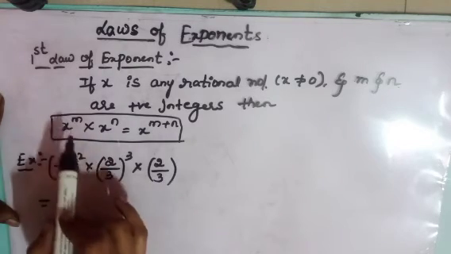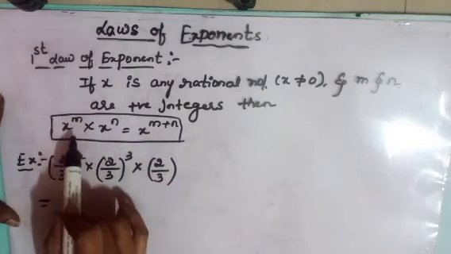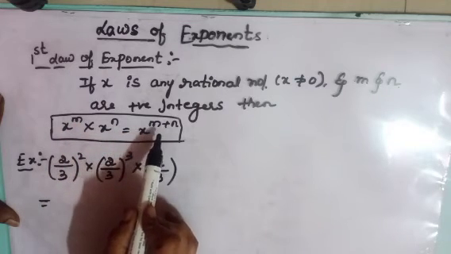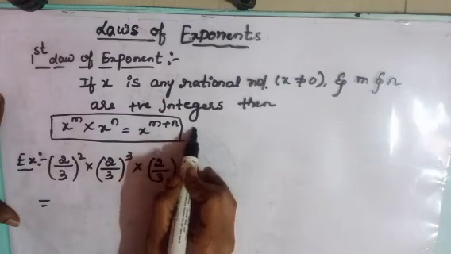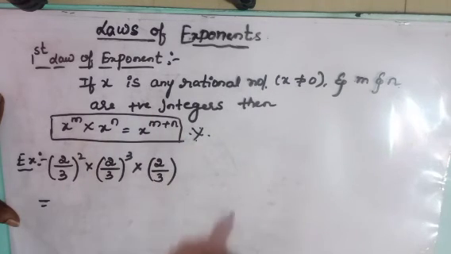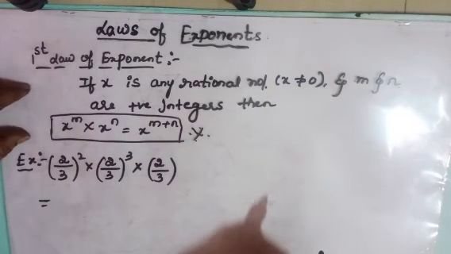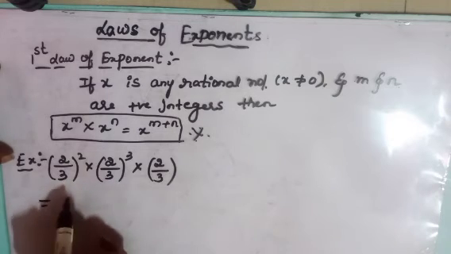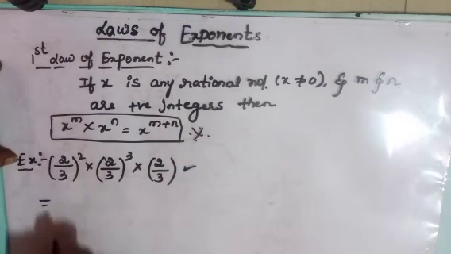That is, the first law of exponent is x to the power of m into x to the power of n equals x to the power of m plus n. You have to remember this formula, very important. By using this law only, we are going to solve the problem. This is first law of exponent.